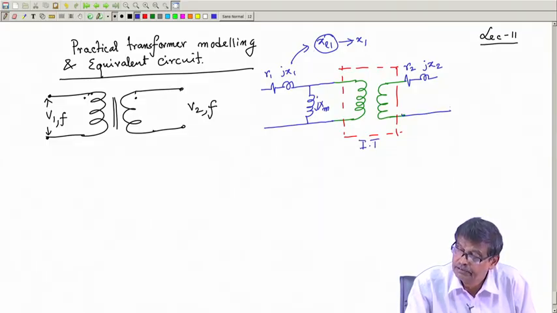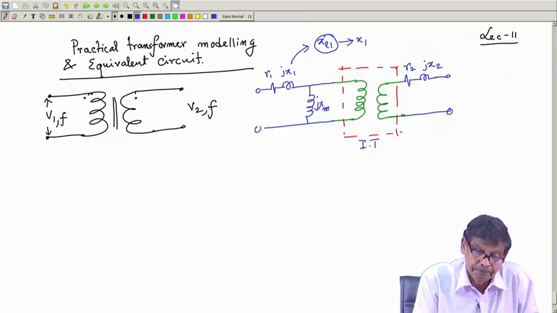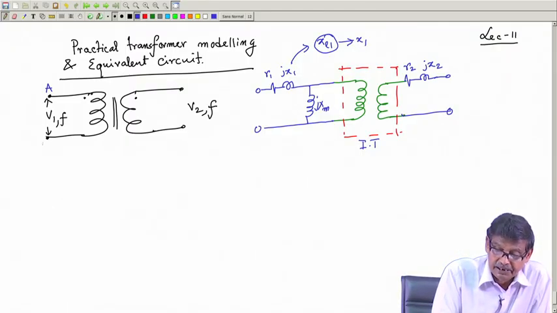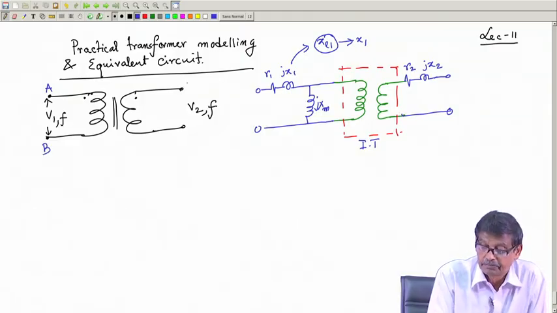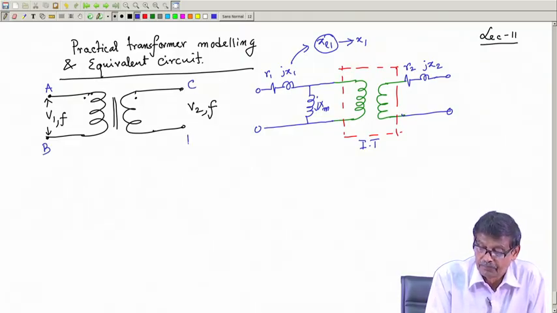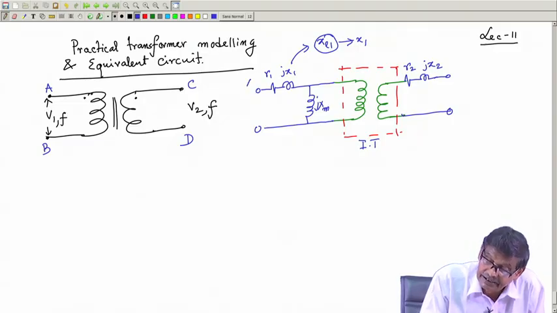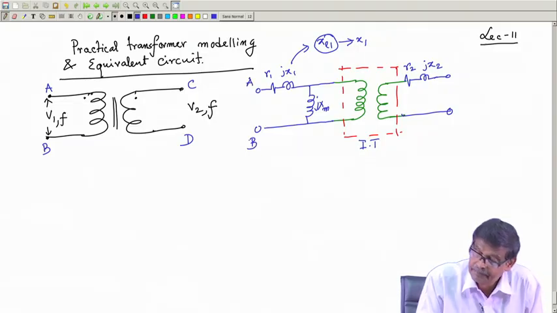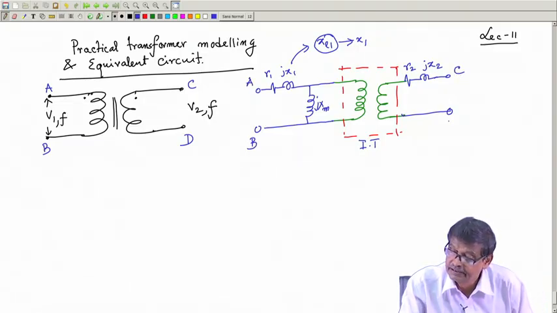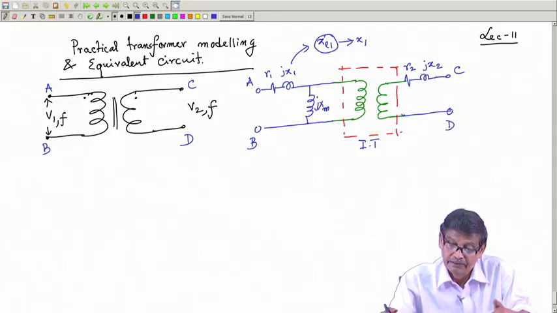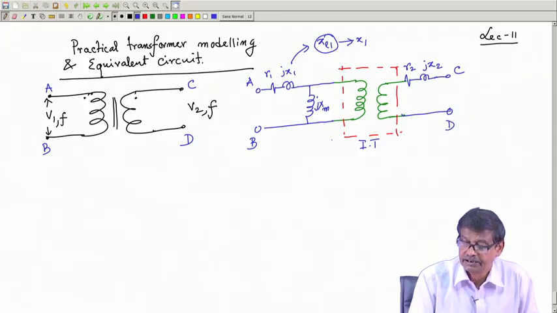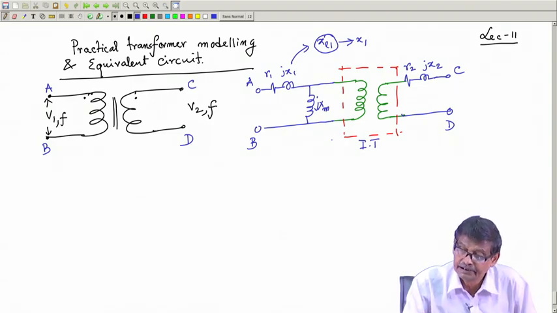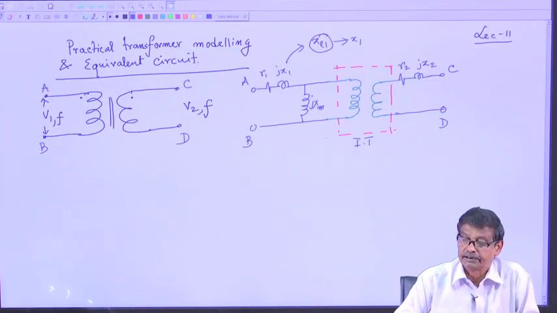Mind you, these are the two terminals. If you call them A, B, the terminals of the practical transformer, and C, D, then here is your A, here is your B, here is your C, here is your D, and within the transformer it can be thought of as if there is an ideal transformer with these external parameters I have connected.